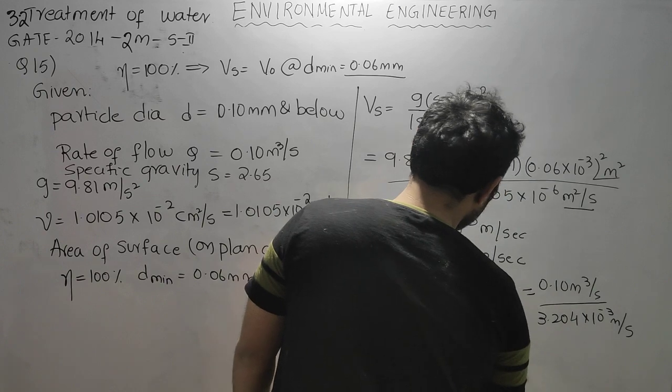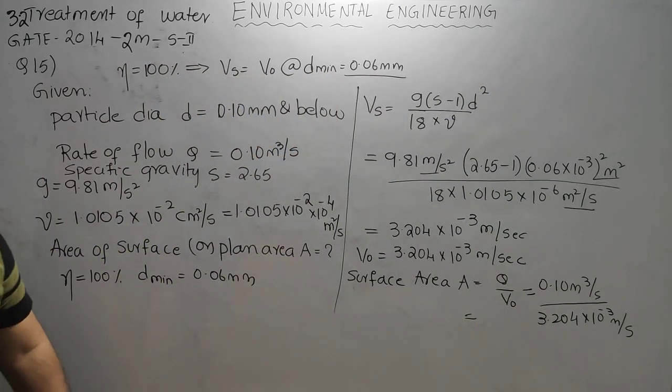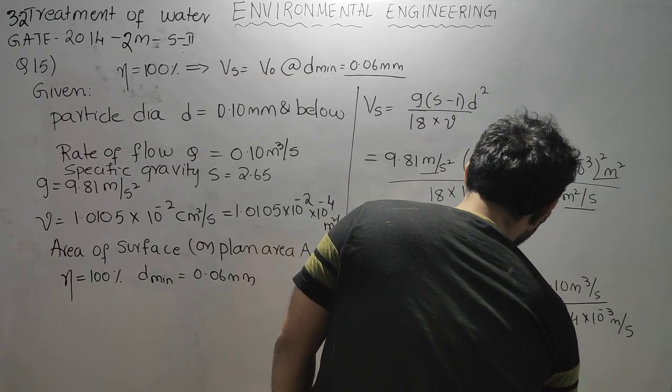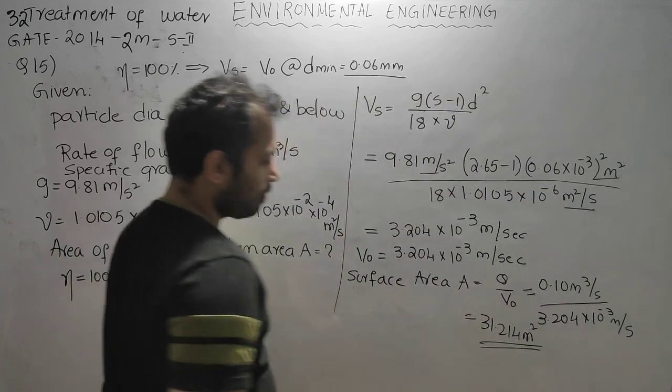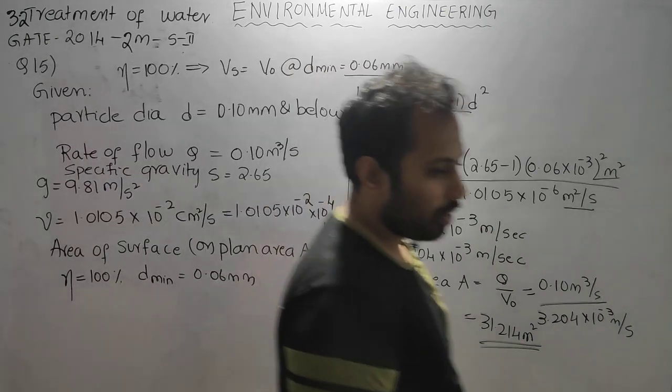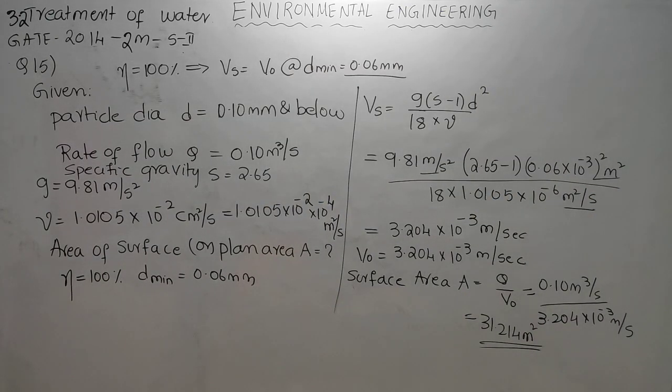Solving this, we will get the plan area as 31.214 meter square. Okay. So this is the solution of the question number 15, GATE 2014, 2 marks, set 2.